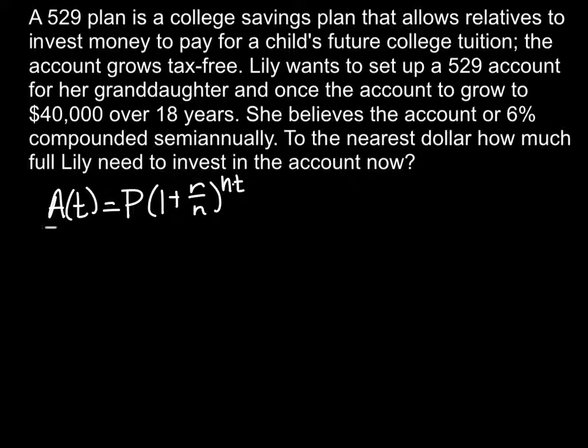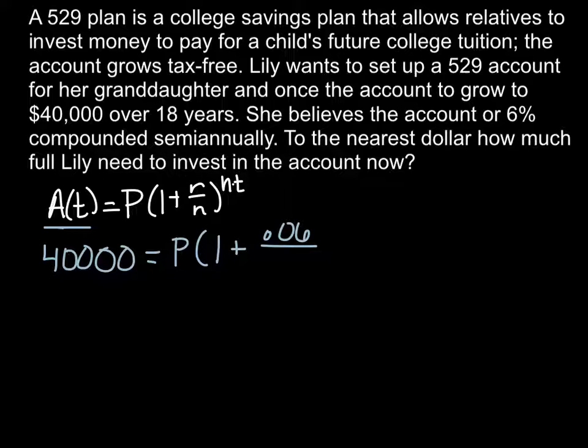So if she wants to know what happens when it hits $40,000, I don't know how much I need to invest, but I do know that the rate is 0.06 and it's compounded semi-annually.